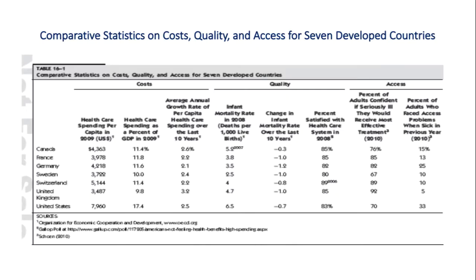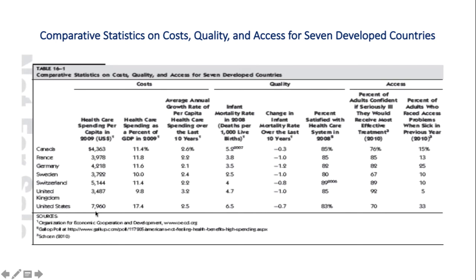Now, this is the table from chapter 16 in your textbook, Santerre and Neun, which shows the triple aim among 7 developed countries, comparing cost, quality of care, and access.